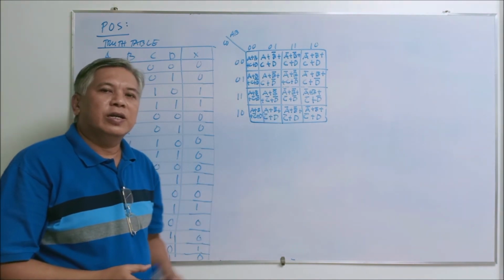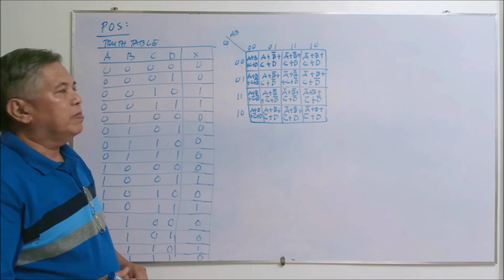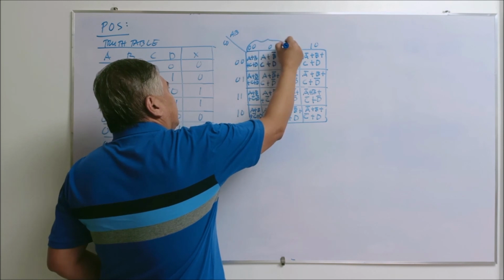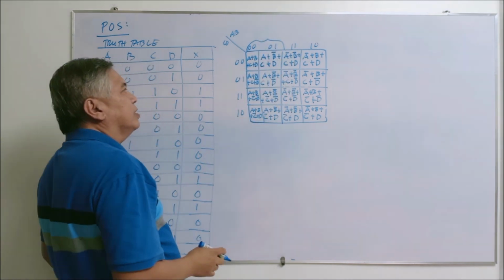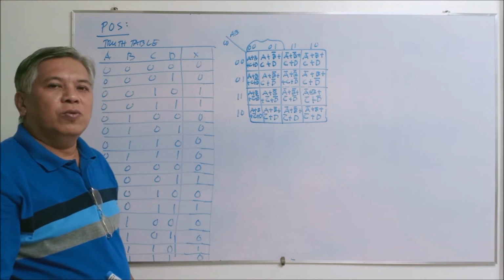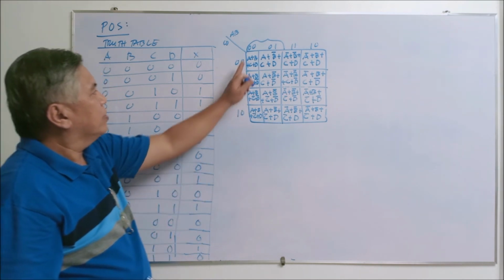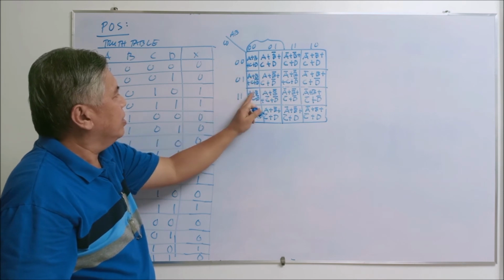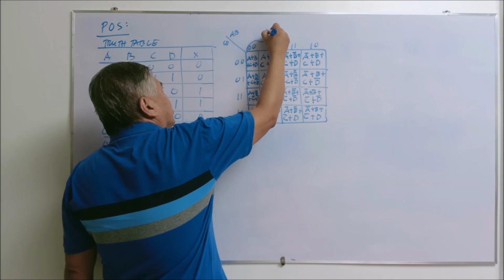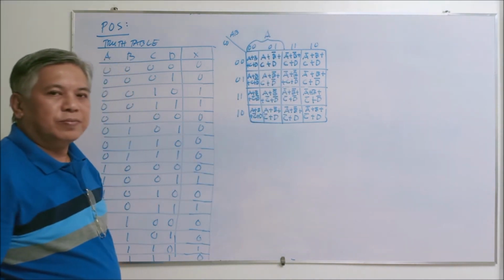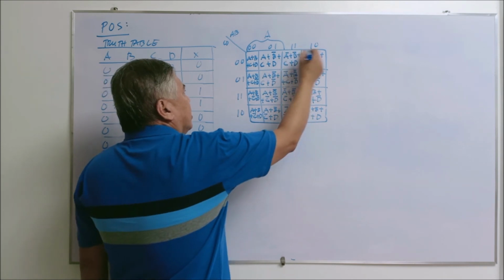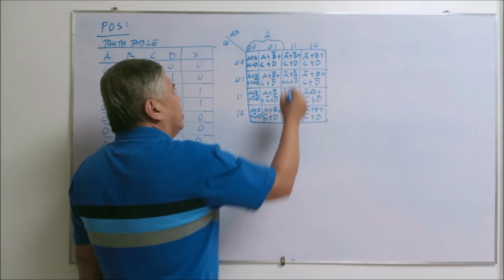inside your K-map. If you notice, in these 8 adjacent cells, the A here is the common variable. So this area here belongs to A, and this particular area here is where A bar is located.